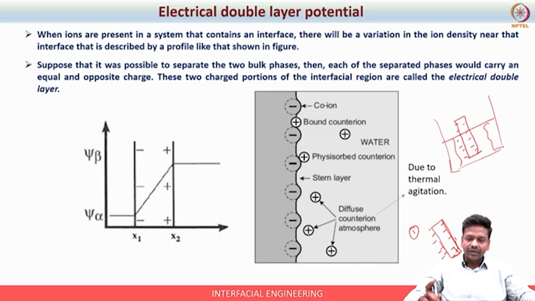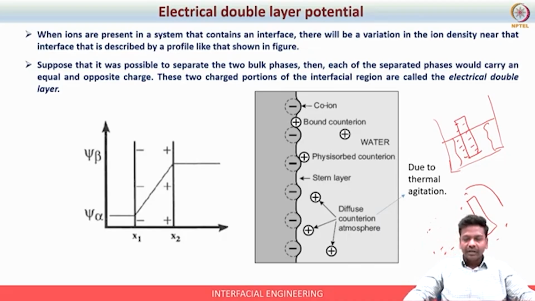Let's say you have a medium with two charged systems in it. So this will have an electrical double layer, and this will have an electrical double layer. When both interact with each other, there will be electrical double layer interaction, right.